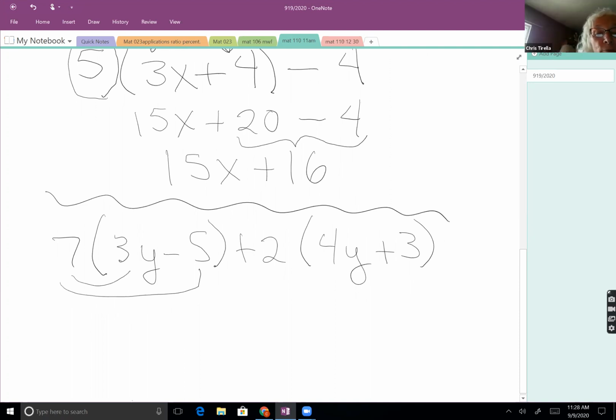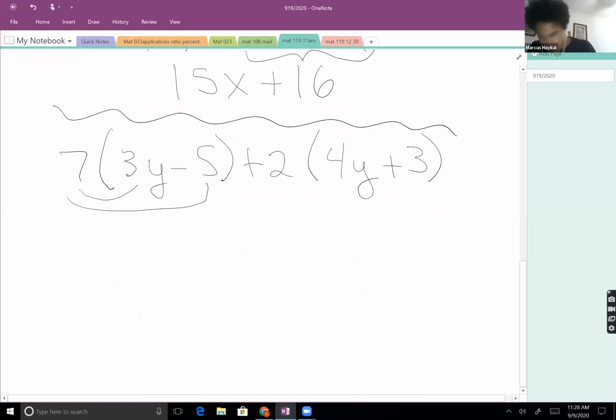So I've got 7 parentheses 3y minus 5 close plus 2 parentheses 4y plus 3 close. What would you do first? Parentheses? Can I do anything inside parentheses? Are those like terms? No. So what do I do if I don't have parentheses? Distribute. So 7 times 3y is 21y. 7 times minus 5 is minus 35.